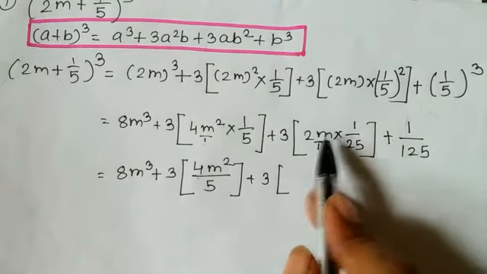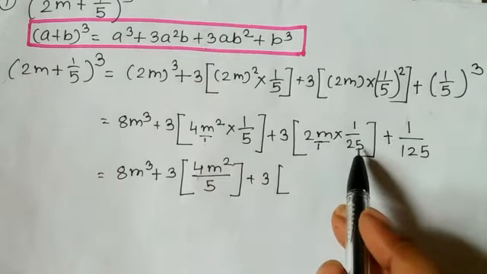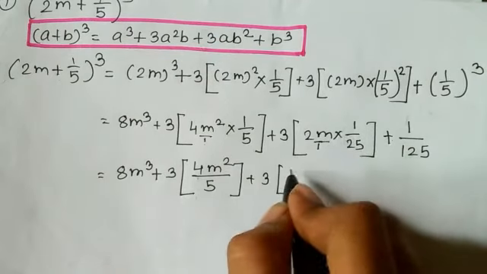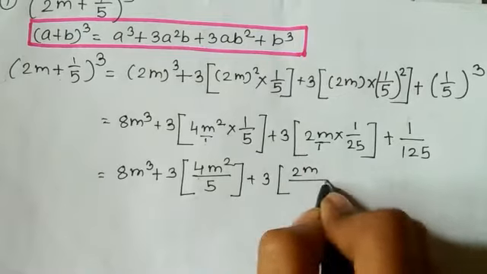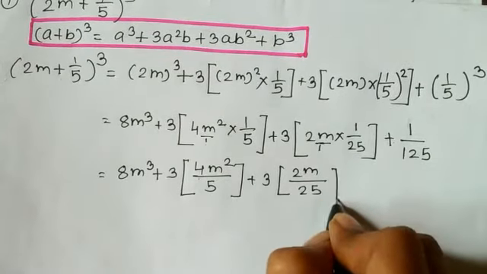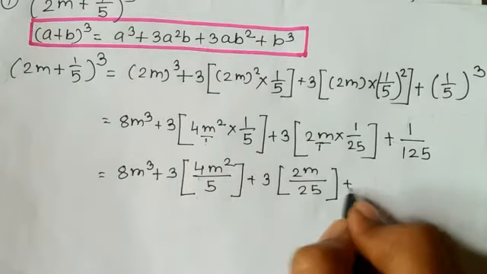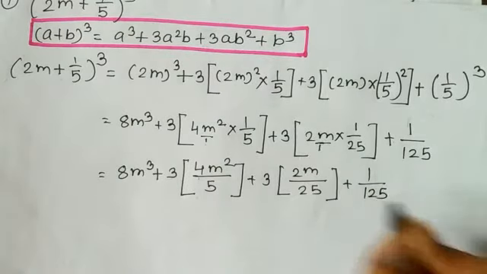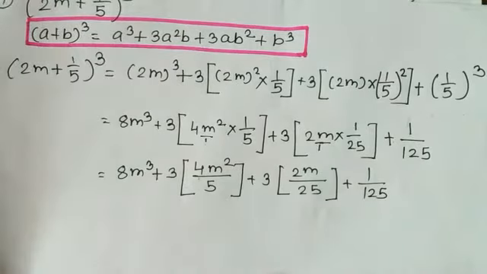So again numerator with the numerator and denominator with the denominator. So 2m into 1, it means 2m upon 1 into 25, it means 25. Bracket will be completed, plus 1 upon 125. Again let's solve it.